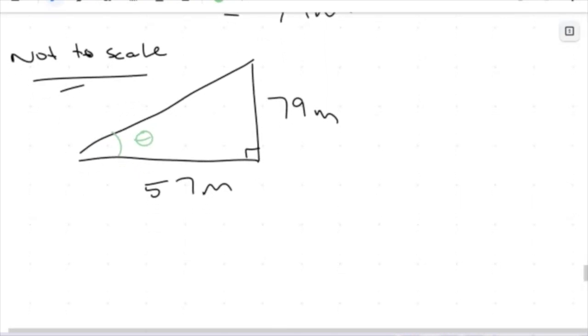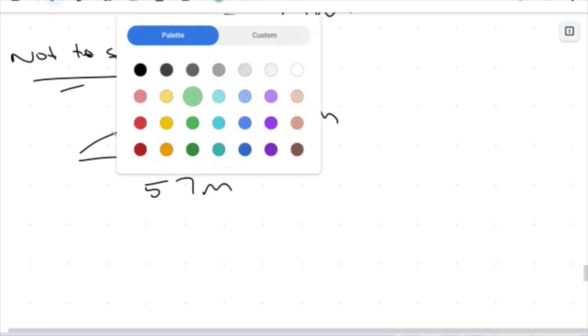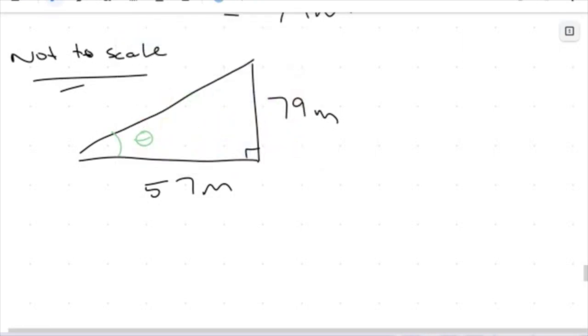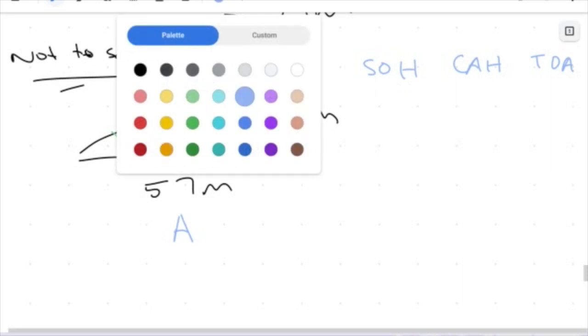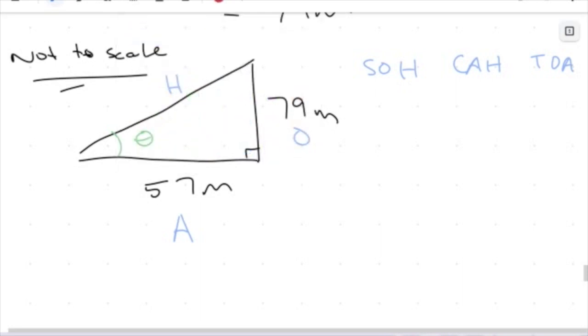Okay, now it just becomes a question we've done in the past. I have my angle theta, I have my hypotenuse here, I have my opposite to it here, and I have my adjacent here. So using SOHCAHTOA, I can select the relevant sides, and that's going to tell me which trig ratio to use.